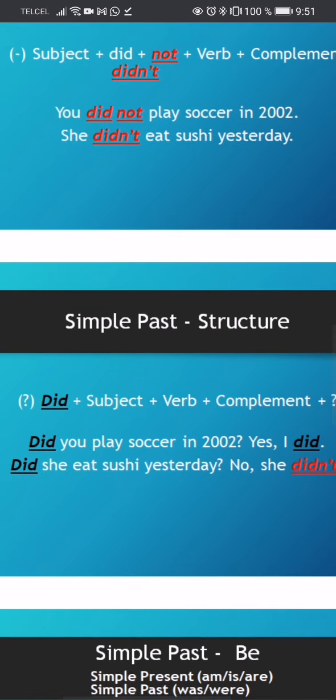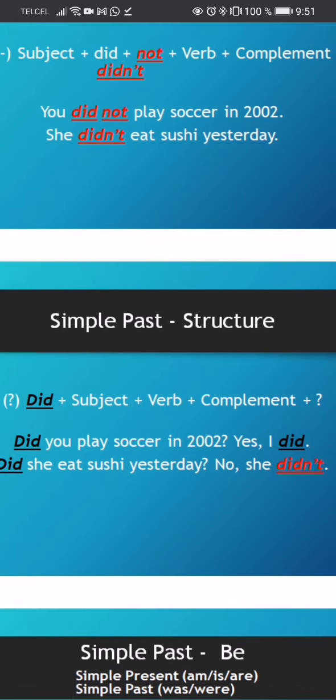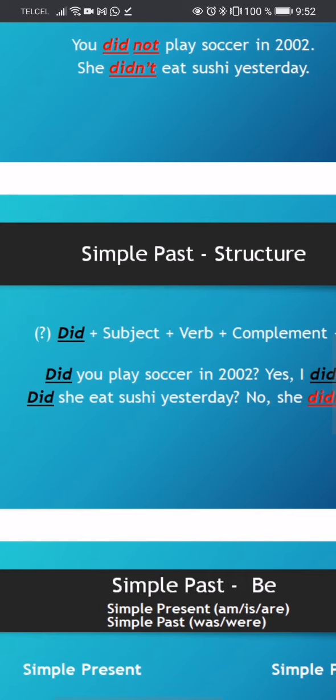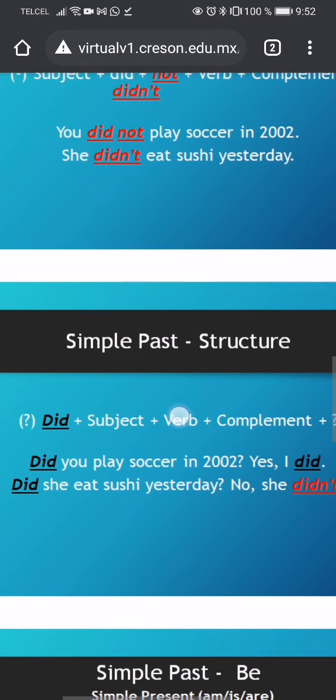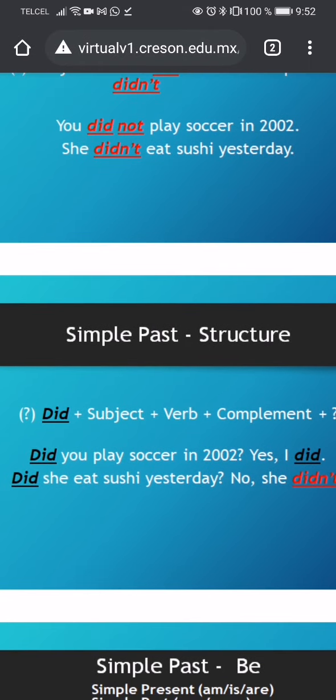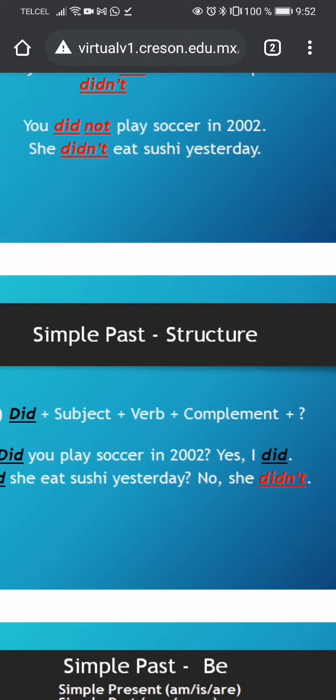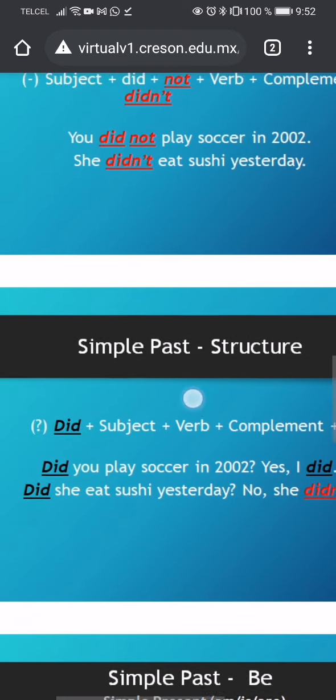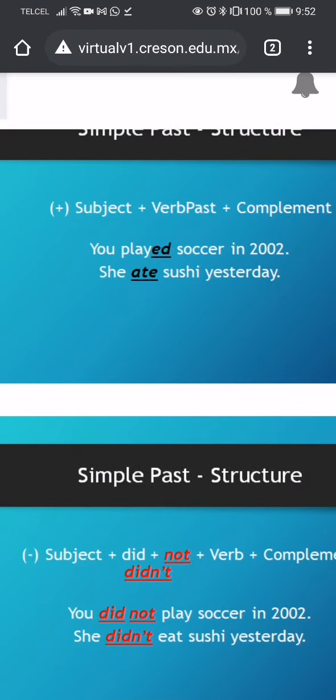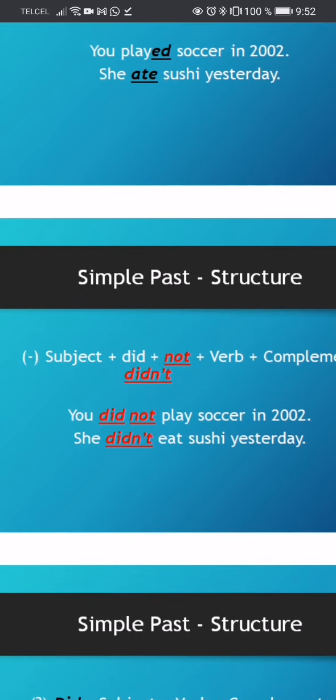Now, the structure for the interrogative form. The interrogative form, we have to change the order. Okay, we're gonna use the auxiliary did at the beginning of the sentence, the subject, the verb on base form, because we have the auxiliary, the complement, and the question mark. So we have in affirmative, you played soccer. In negative, you didn't play soccer.